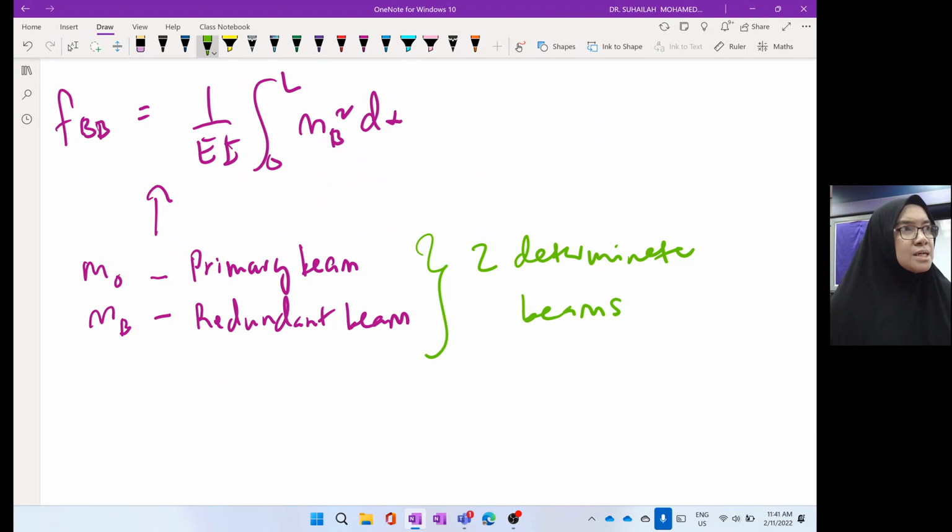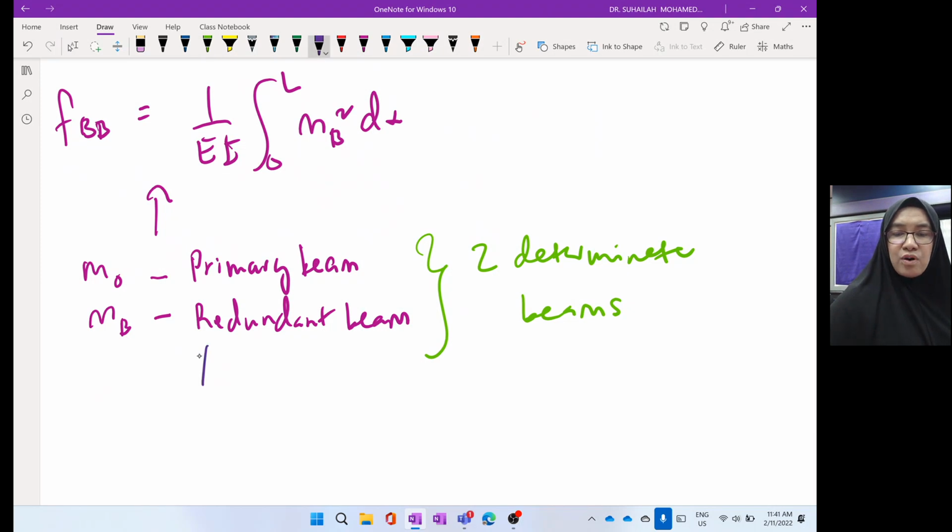So in order to write the moment equation, what is the step before having the moment equation? What is the step? What is the step before having the moment equation? Reaction.